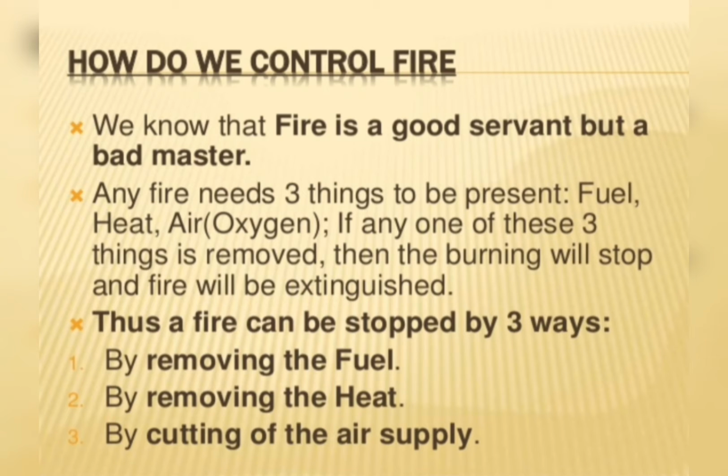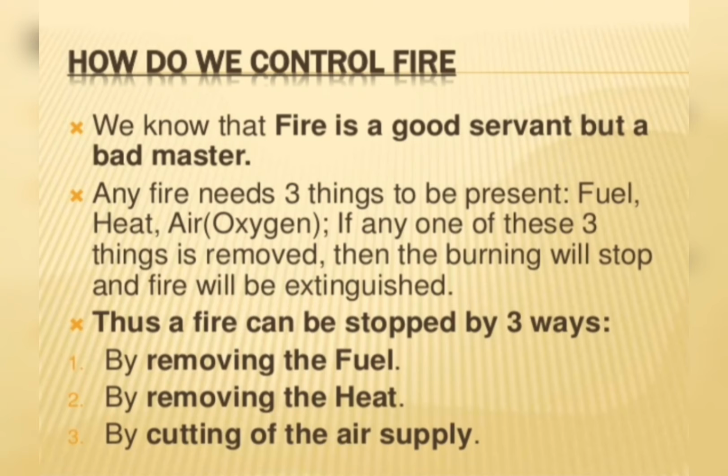The second criterion was the presence of air or oxygen. And the third criterion was the presence of heat, so that the substance can reach its ignition temperature and catch fire. Now, if we want to put out the fire, what do we need to do? If any of these three criteria is not fulfilled, there will be no combustion, right? So there will be no fire.